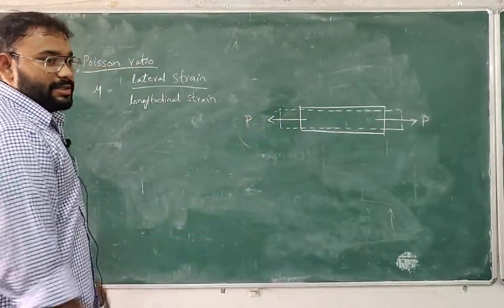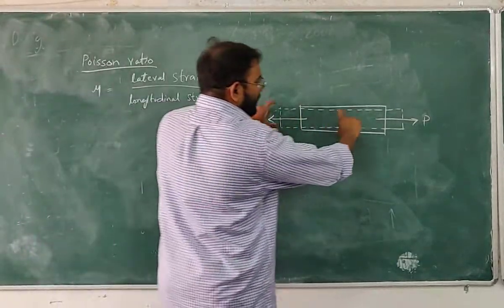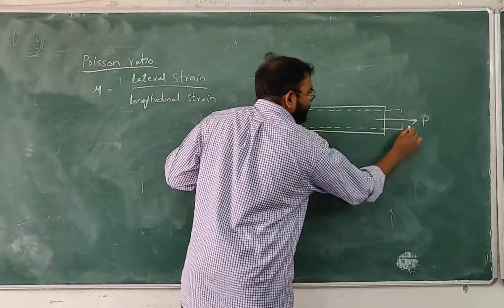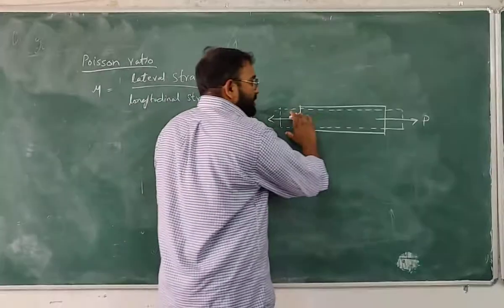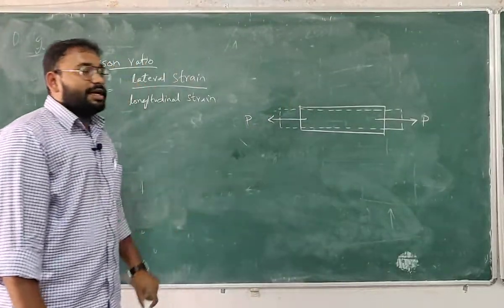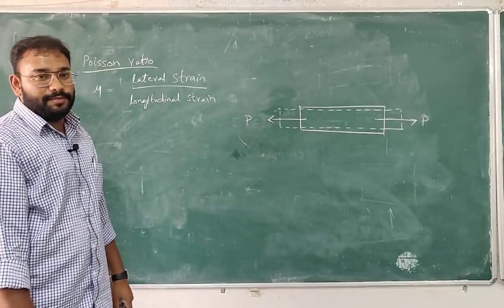Now this elongation is in the axis of this member. This is the axis of this member, and this elongation is taking place parallel to this axis. So this type of strain is called longitudinal strain.